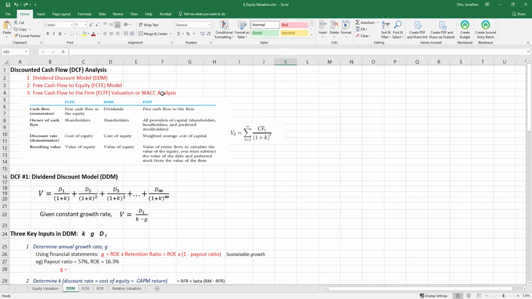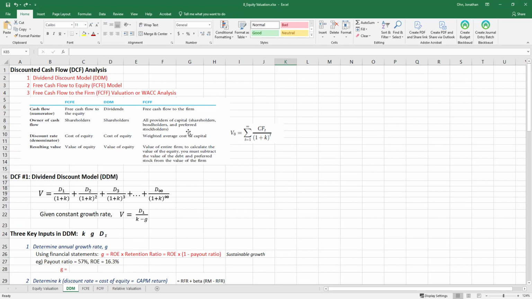Free cash flow to equity and the DDM are related to the company's equity shareholders, while free cash flow to the firm covers the entire firm: all the capital providers, including shareholders, bondholders, and preferred stockholders.